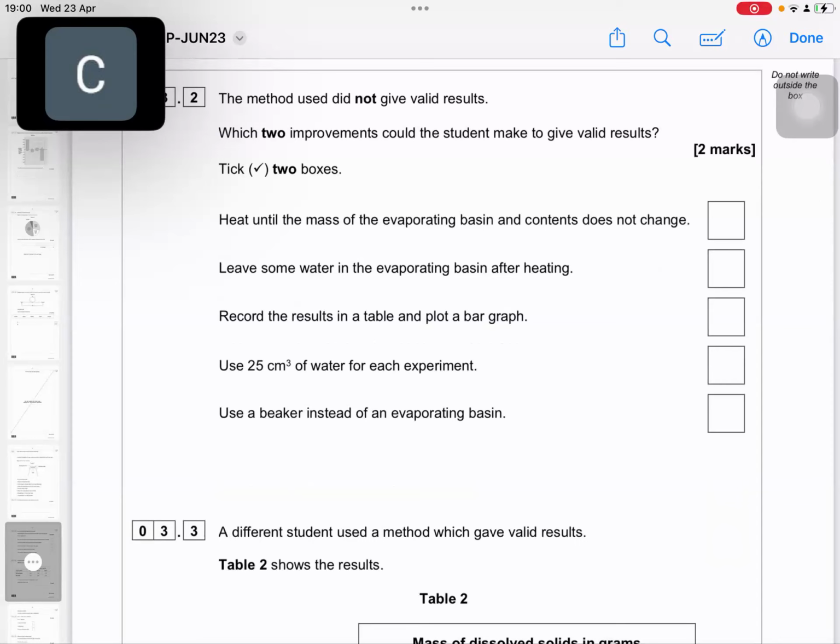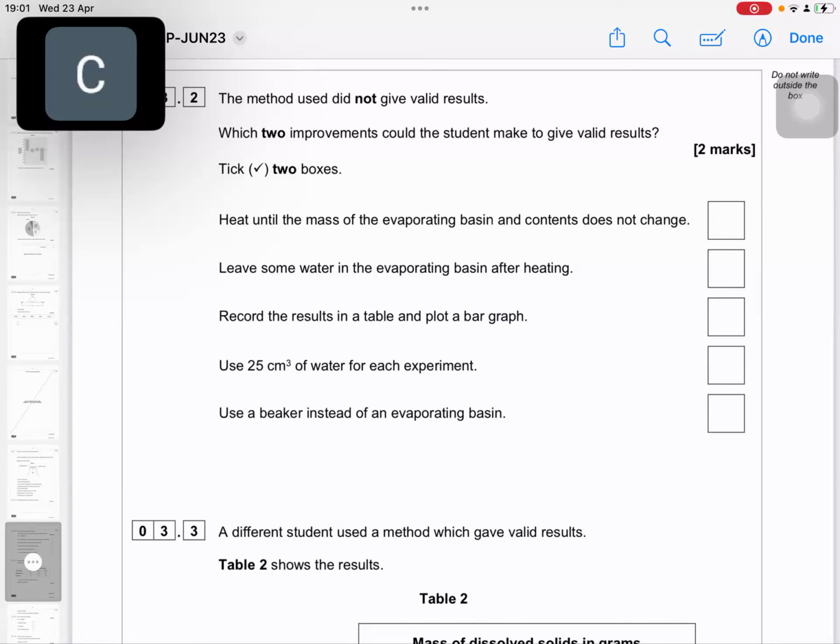We're using distilled water and seawater, so most likely we're testing the effect of salt. Seawater contains salt, right? So we're testing the effect of an impurity on the boiling point of water.